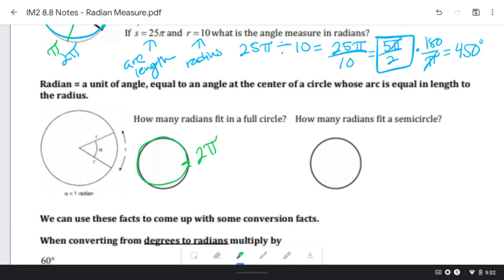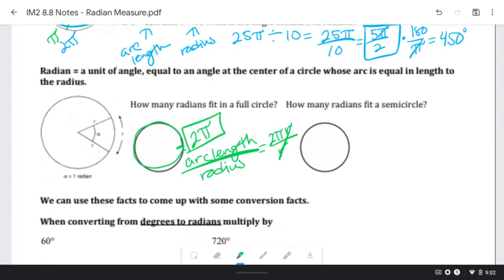You take your arc length, you divide it by the radius, and that's how you're going to get it. So your arc length for a full circle is your circumference, so 2 pi r, and then divided by your radius, that's how you get 2 pi, which is 360 degrees.